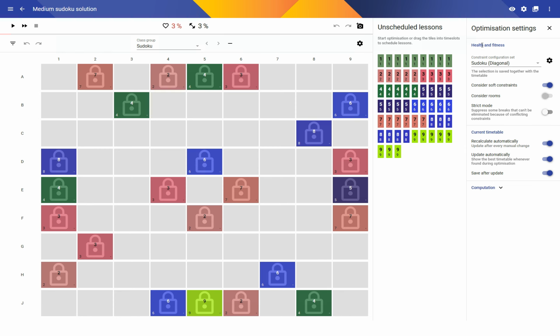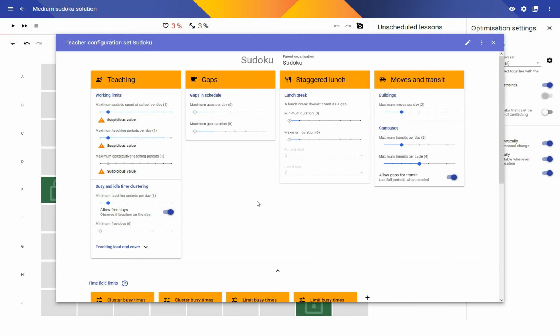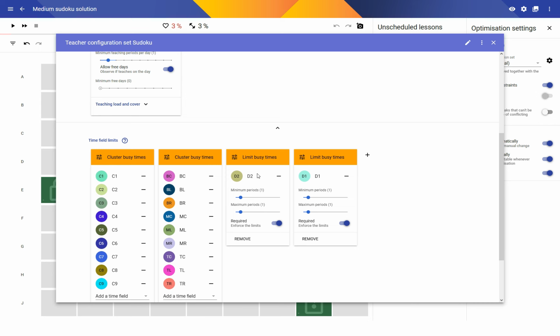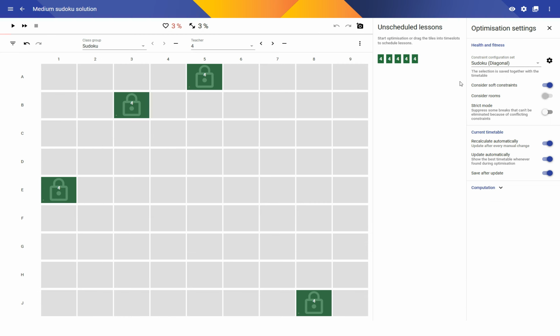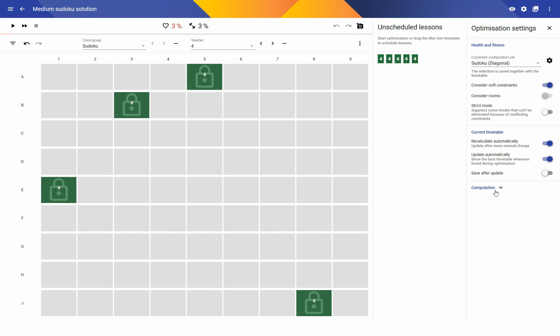We used limit busy times for configuring the diagonal time field limits for diagonal 1 and diagonal 2. And we have also changed some computation settings.